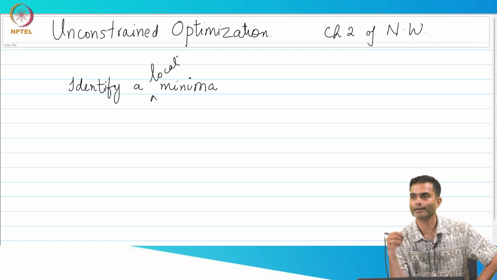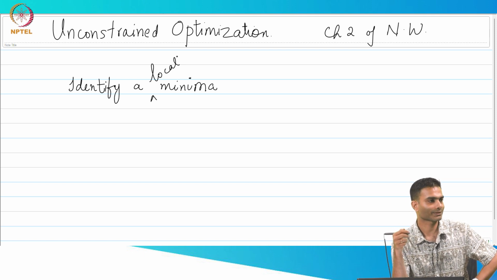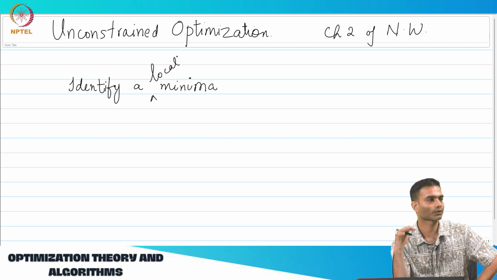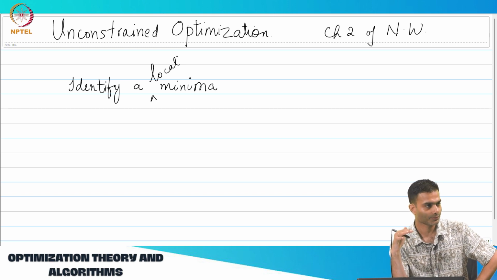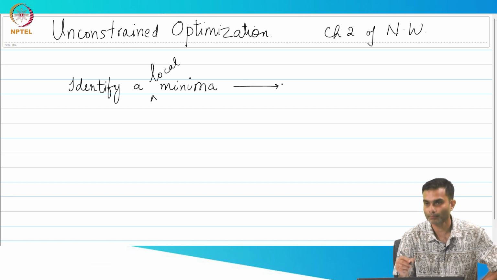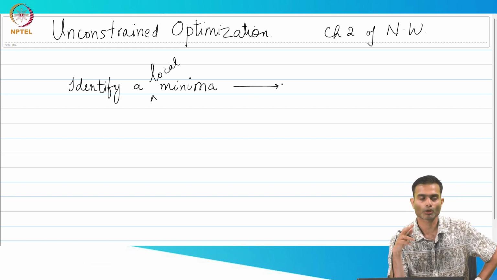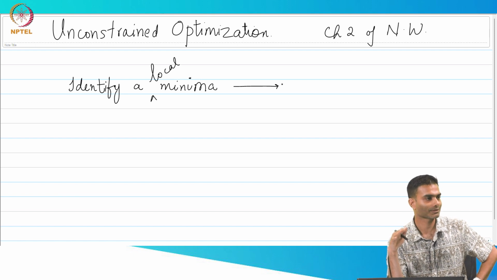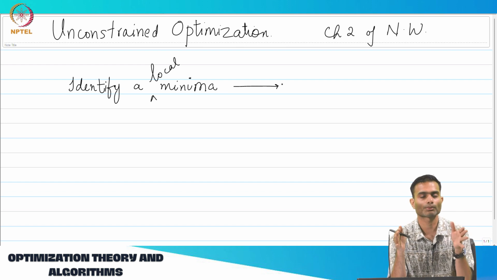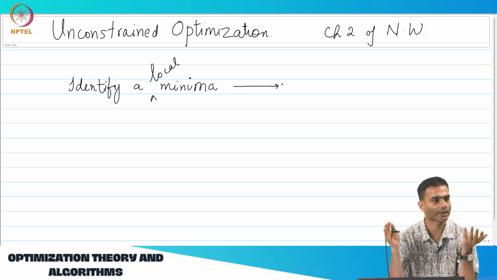So what do I mean by identify? Some kind of a test that if I get a point, how do I verify that, is it a candidate for a local minima? So we want to look at tests for this, okay? And we're going to talk about two different types of tests depending on how differentiable the function is. So the building block for this is multivariate Taylor's theorem.